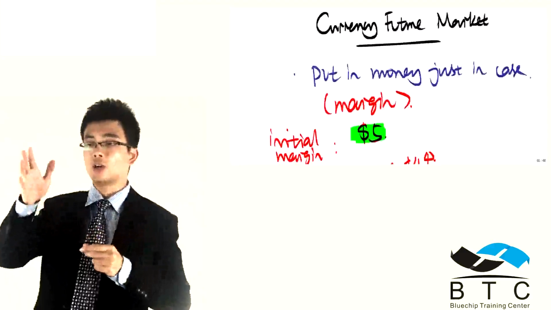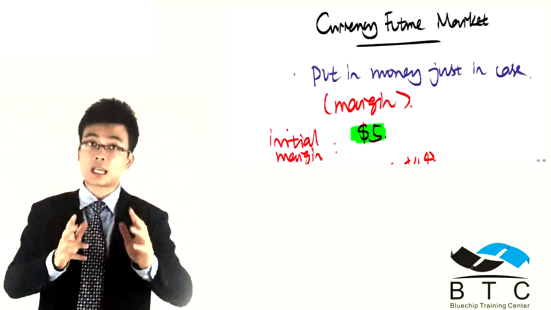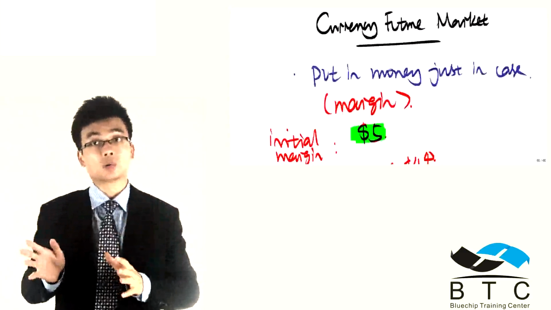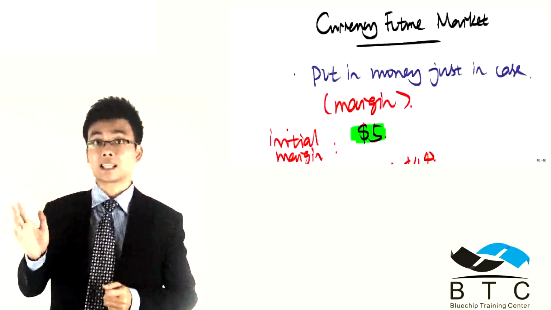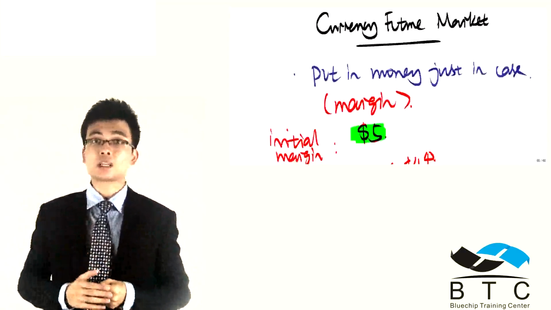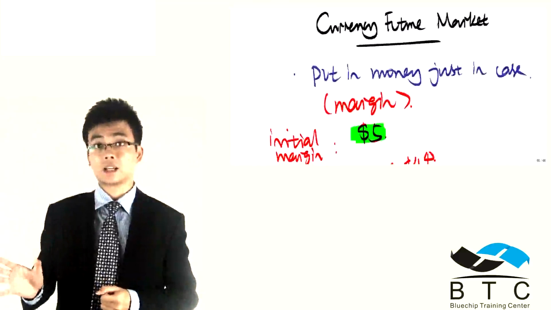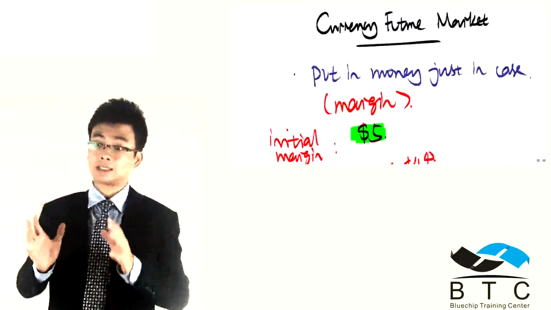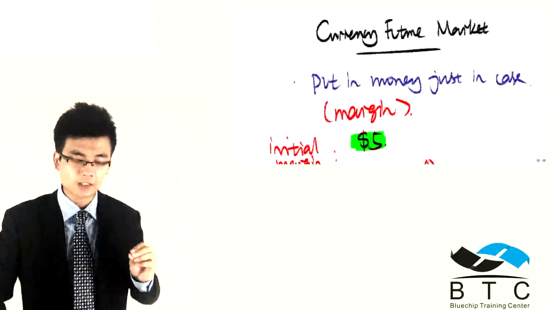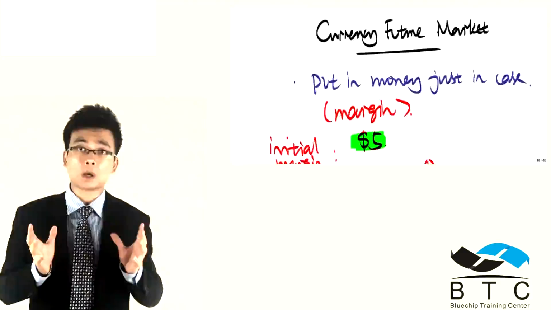Of course, you can enter into the March futures contract, which means the final deadline to settle this particular futures contract is 30th March. But you can of course settle that contract before that date, any date you want. But the deadline is 30th March. So this is the logic behind it. So when talking about the currency futures market, it will be very much the same as the general market over here. So the idea will be almost the same.